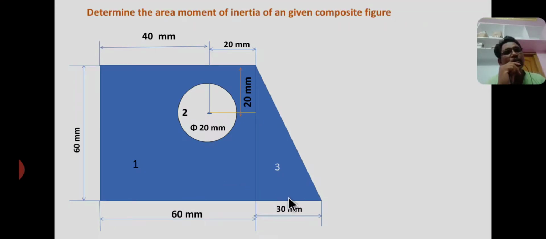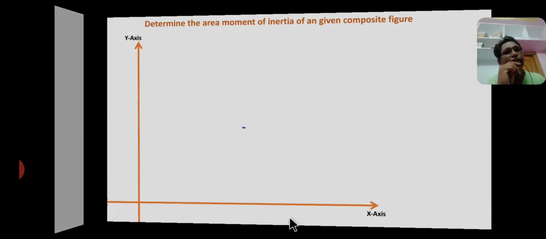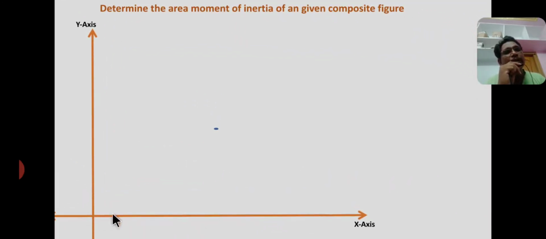That means you have to consider a positive sign for area 1 and area 3, but area 2 is the hollow section. Therefore you have to consider a negative sign for area 2. Now I consider the x-axis at the bottom edge and the y-axis at the left side edge, and this is the origin.